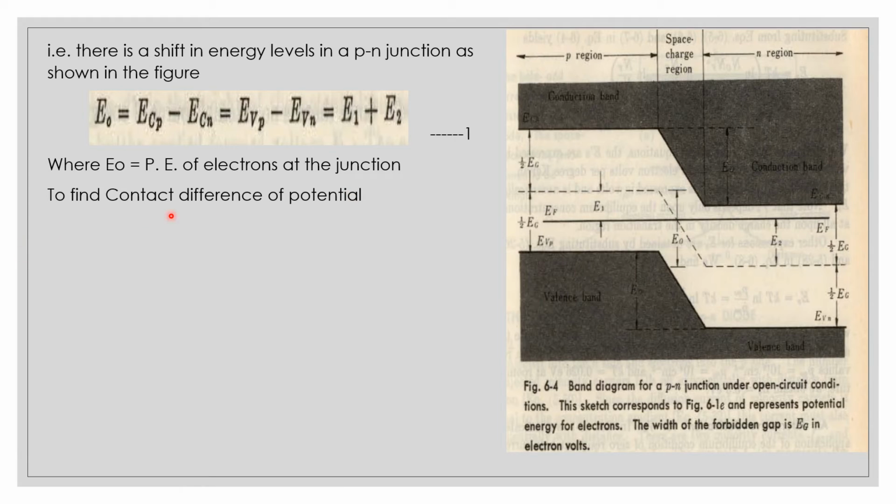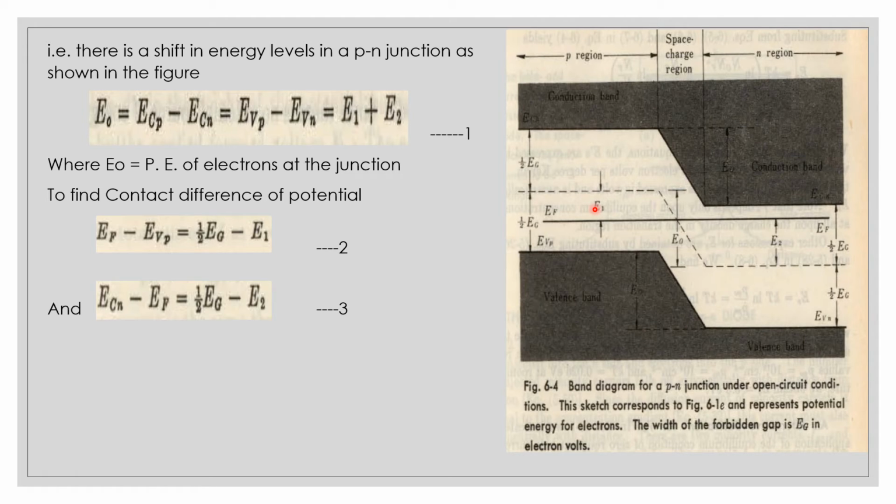To find the contact difference of potential, we'll write down EF minus EVP. So EF minus EVP is equal to half EG minus E1. This is equation 2.